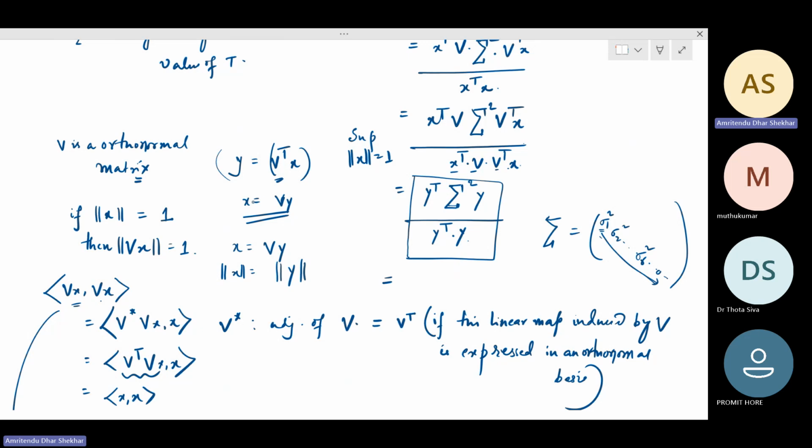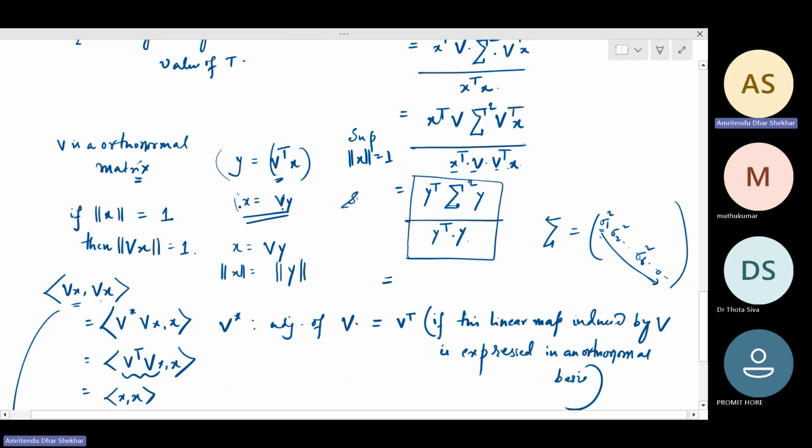The variable that I've substituted over here is that I have put x equal to Vy. If I put x equal to V times y, then notice that if x is on this unit circle, then y will also lie on the unit circle because V is an orthonormal matrix.